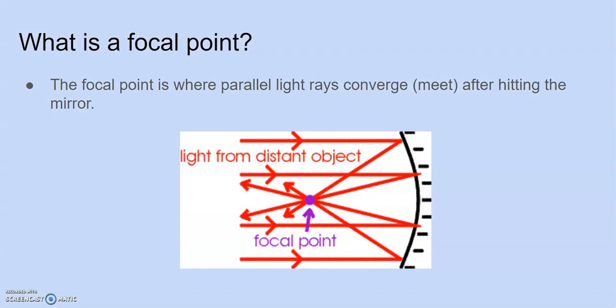Oh, here it is in some more detail. The focal point, again, is where the parallel light rays converge or meet after hitting the mirror. But this is important: they have to be parallel light rays for them to meet there. That is what actually defines a focal point. It is the point where parallel light rays would meet.